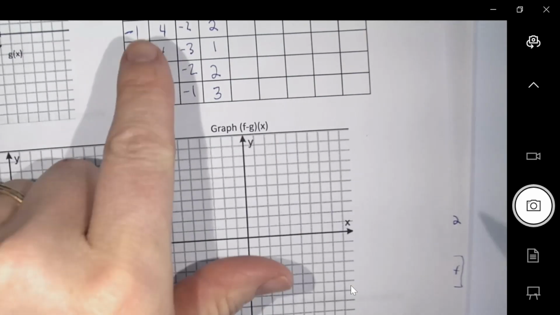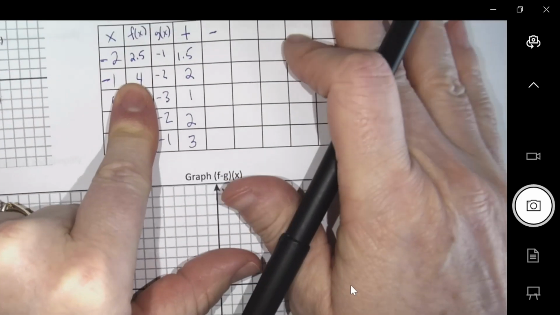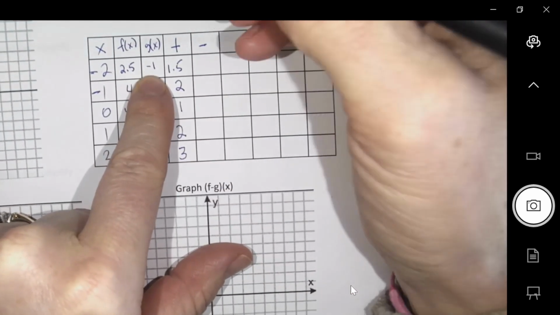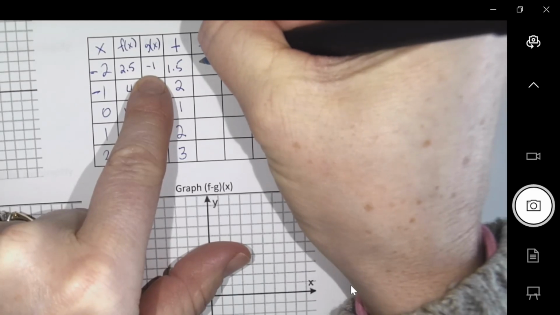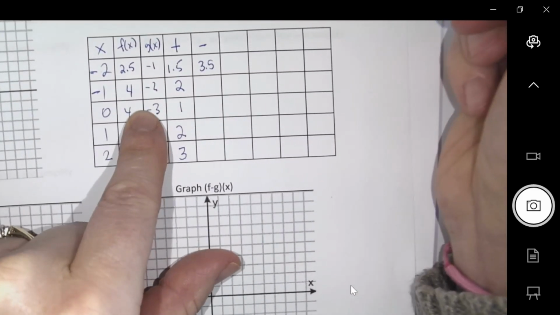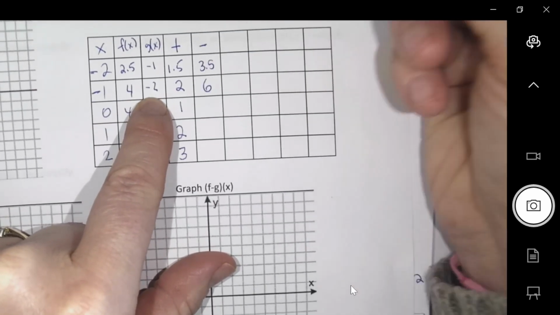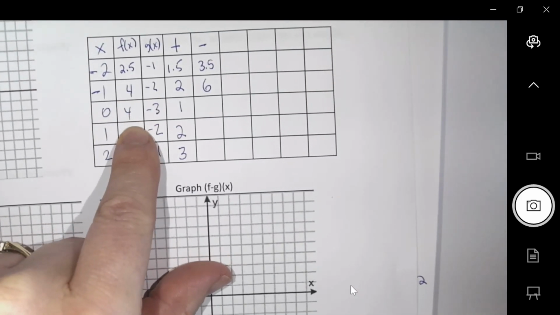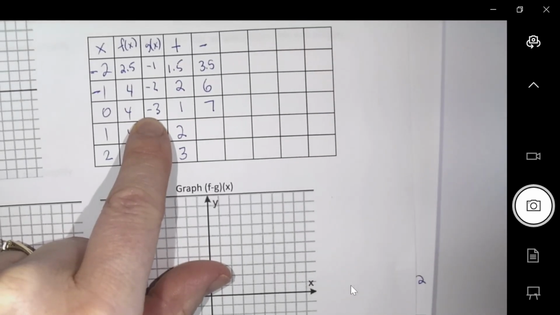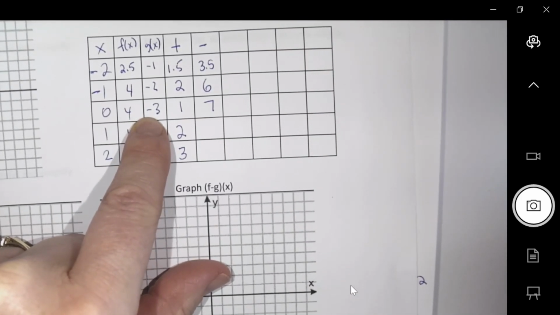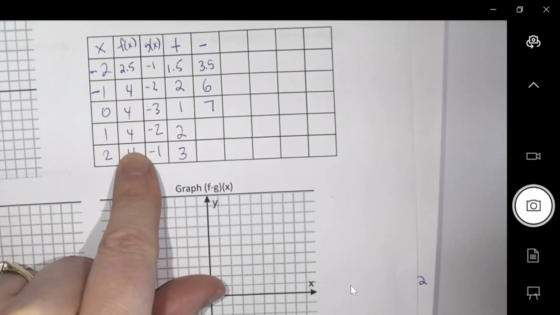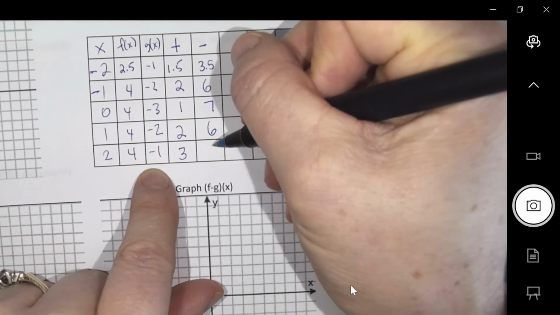So the f has to come first. So 2.5 subtract -1 makes 3.5. 4 subtract -2 makes 6. 4 subtract -3 would make 7. 6 and 5.